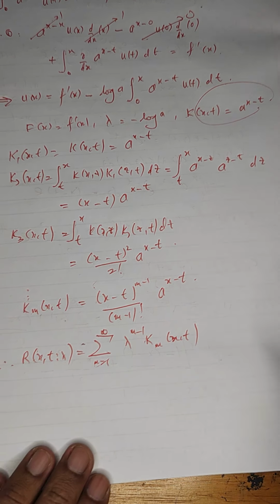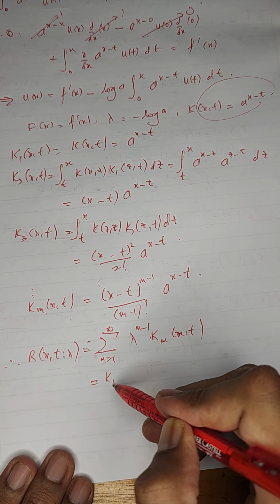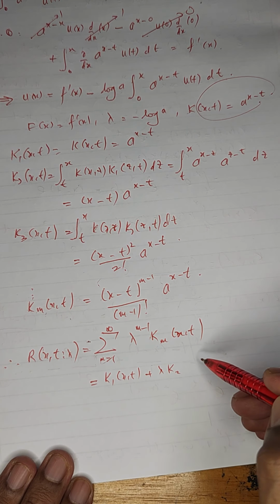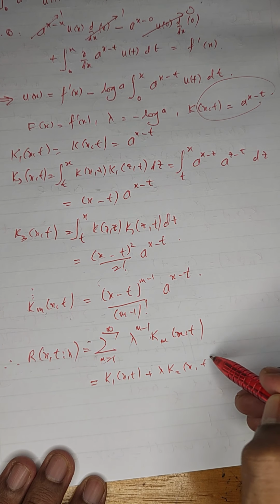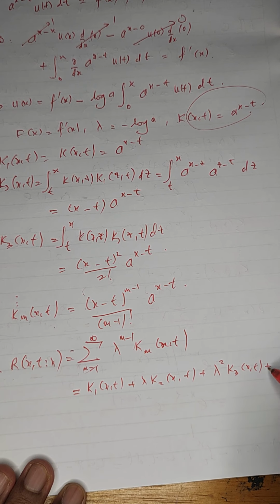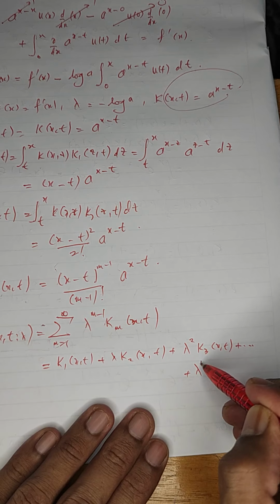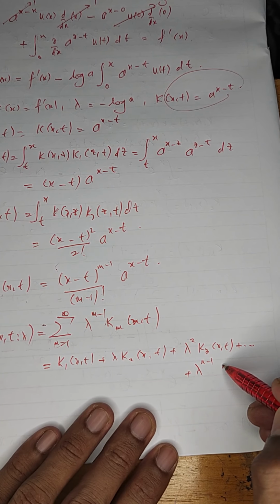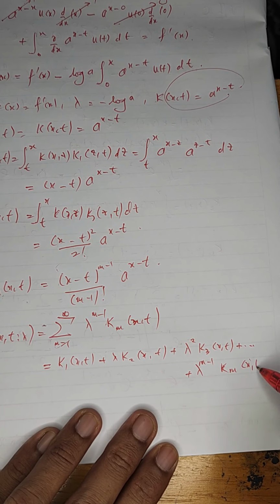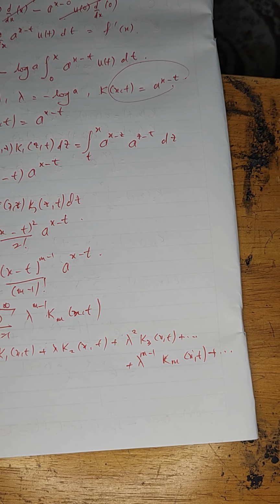So you just write this: k1(x,t) plus lambda k2(x,t) plus lambda squared k3(x,t) and so on, plus lambda^(m-1) k_m(x,t) and so on.